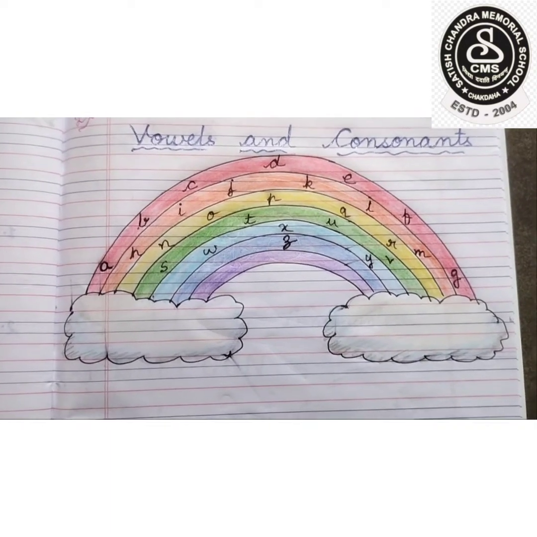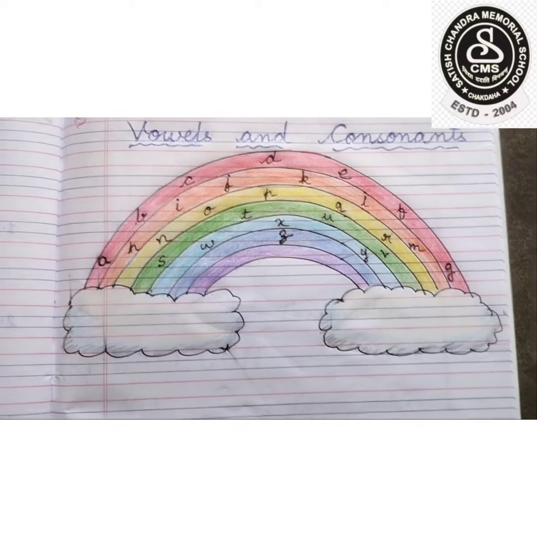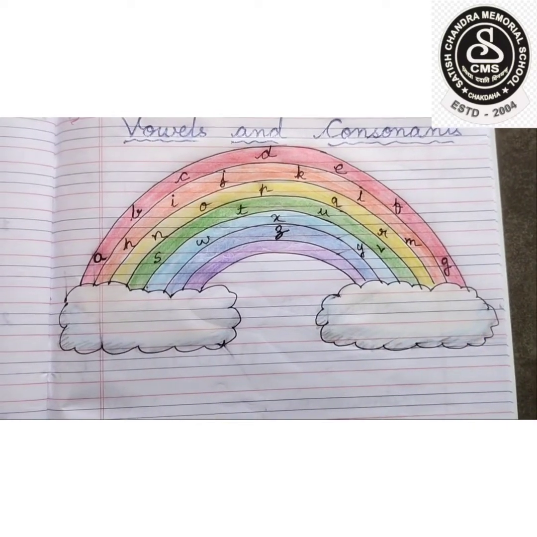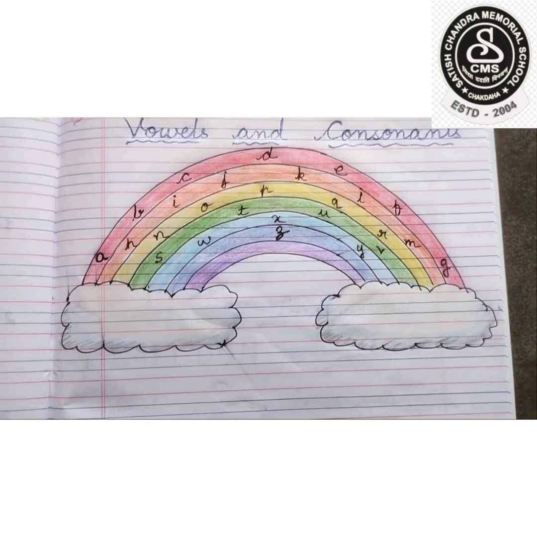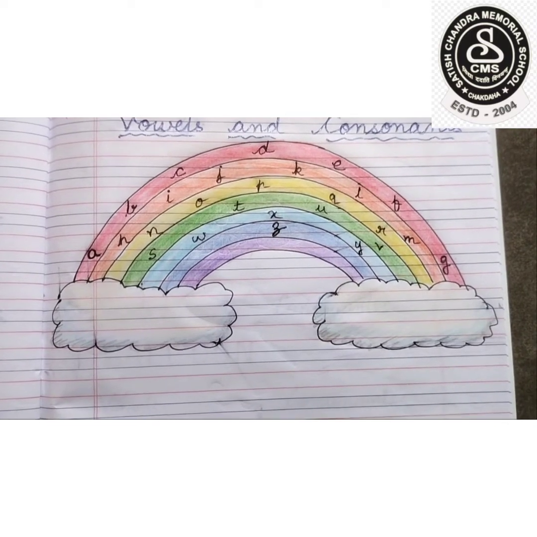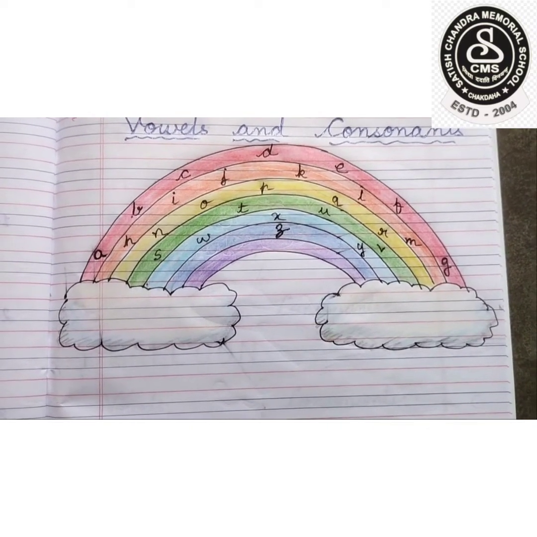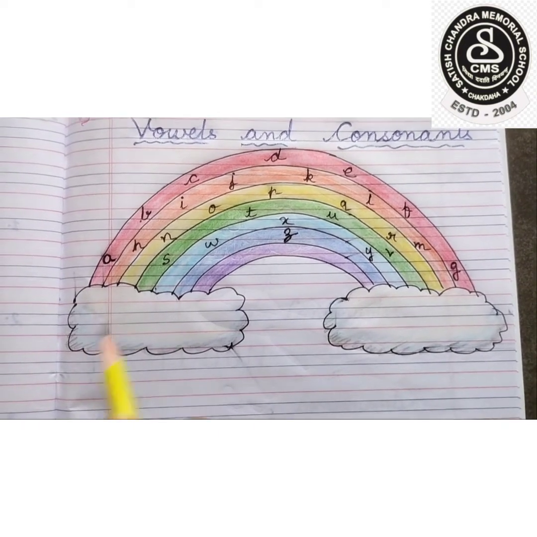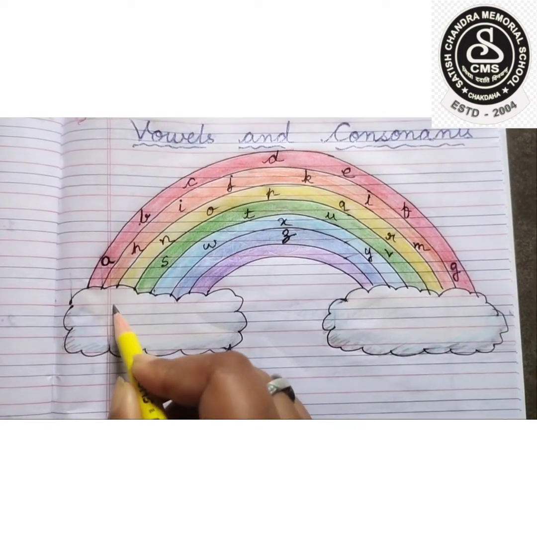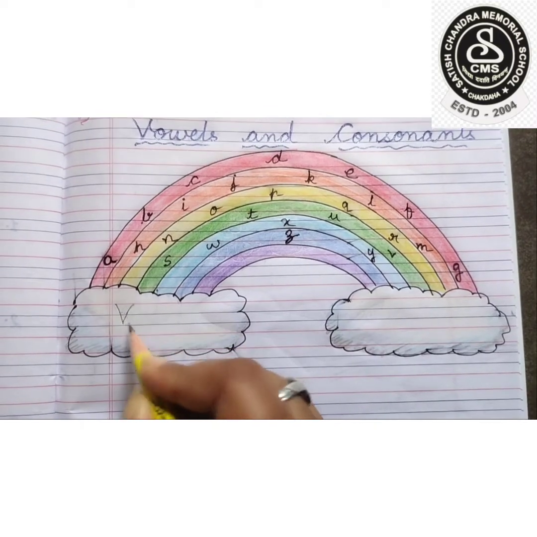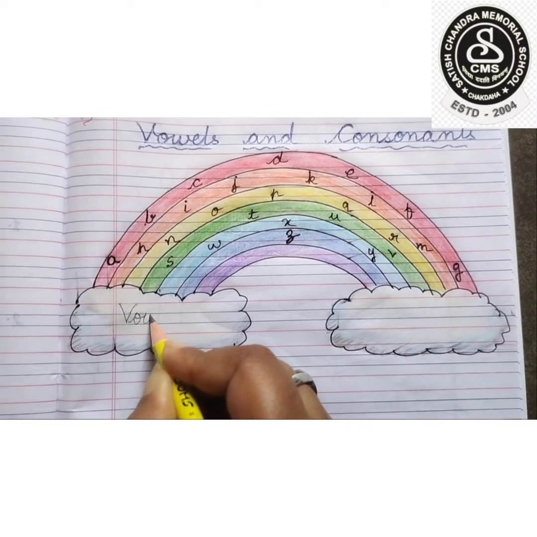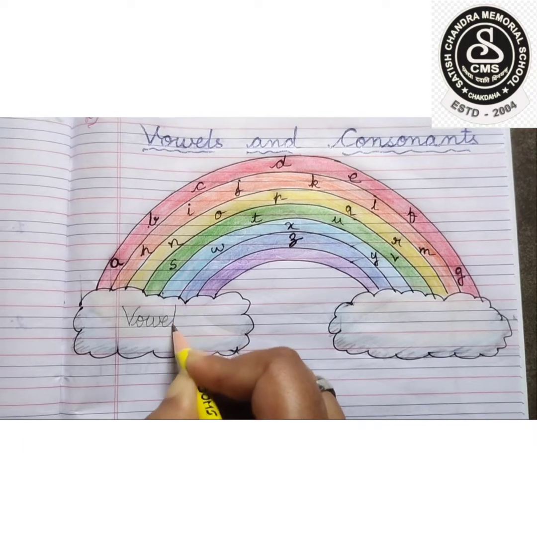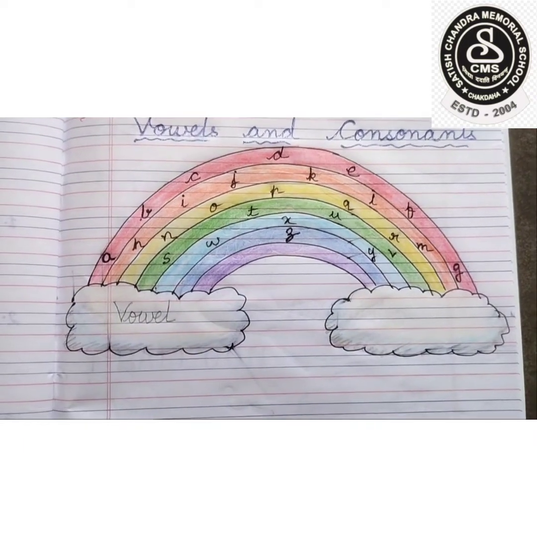Now, here I have made this rainbow and here I made two clouds. I will give a name to these two clouds. First, here in this cloud, I will write the name vowel. So, it's a vowel cloud.